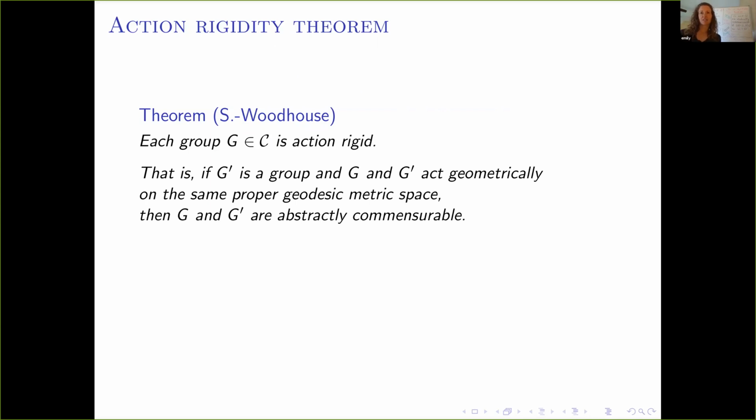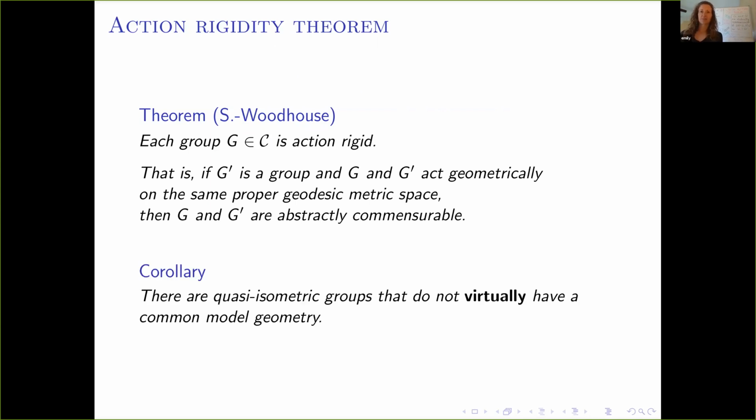And as a consequence, we have the first examples of the following. There are quasi-isometric groups that do not virtually have a common model geometry. Since the class of free products of manifold groups is closed up to passing to finite index subgroups, this obstruction can't disappear after passing to a finite index subgroup.